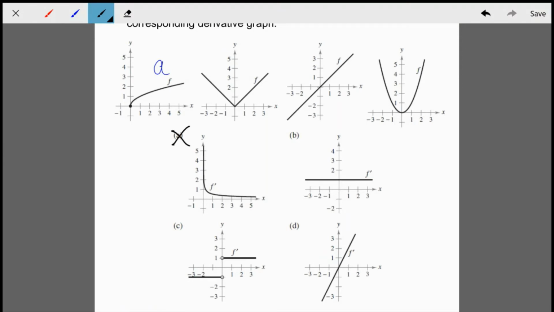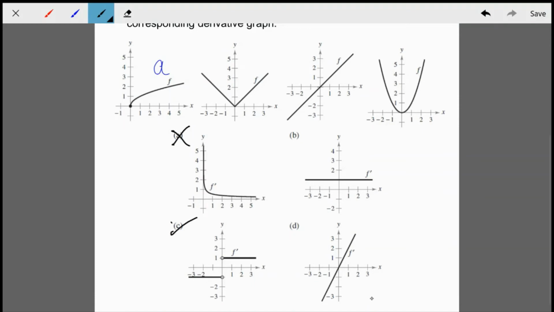All right, now let's look at the second graph, which is that absolute value graph. Notice to the left of 0, we have a slope of -1. To the right of 0, we have a slope of 1. That's a graph you should be very familiar with. Well, looking at these derivative graphs, that one's pretty simple, right?